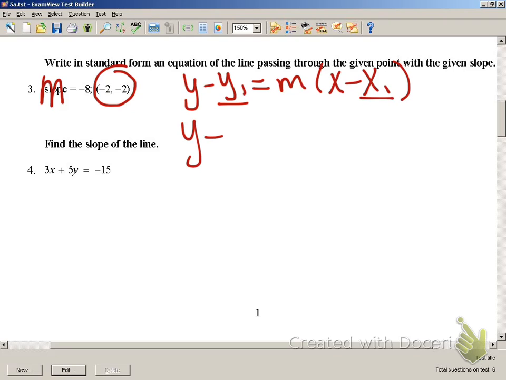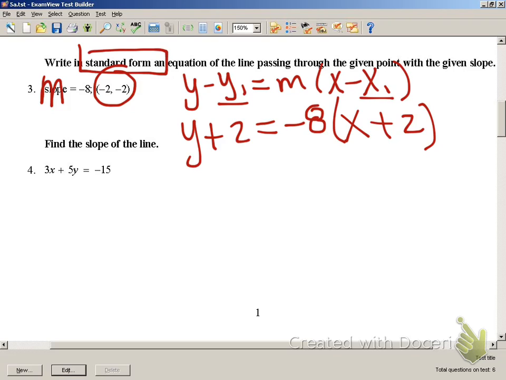So I'm going to say y minus a negative 2 equals negative 8 times x minus a negative 2. Notice minus a negative gives us positive. Now it tells us in our directions to solve for standard form. So in order to solve for standard form, I need to get x and y on the same side.